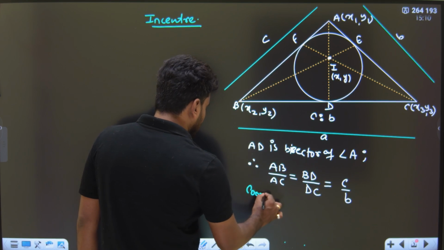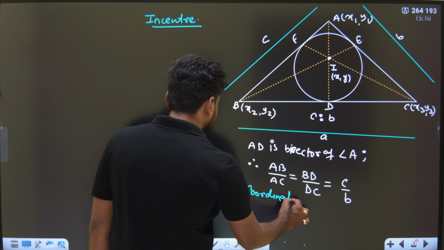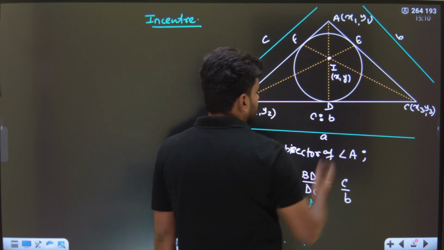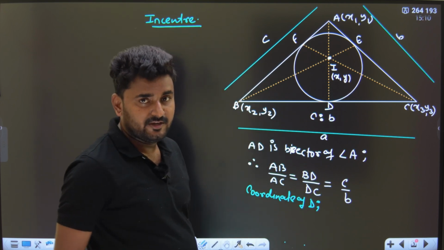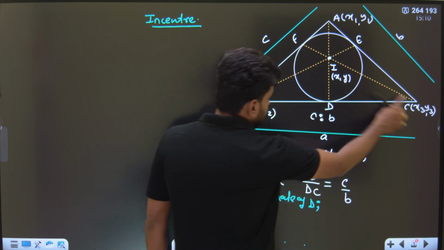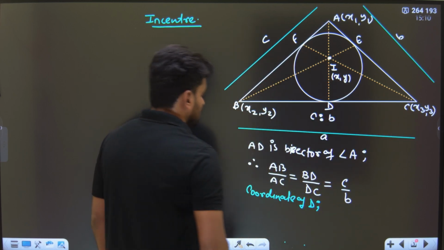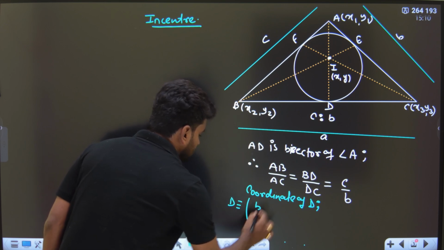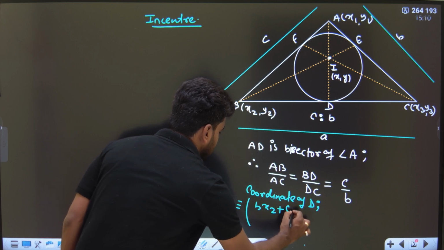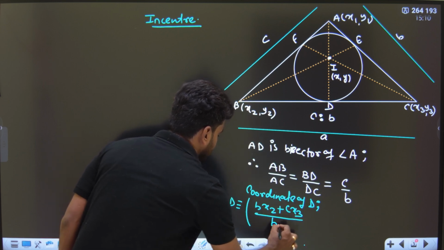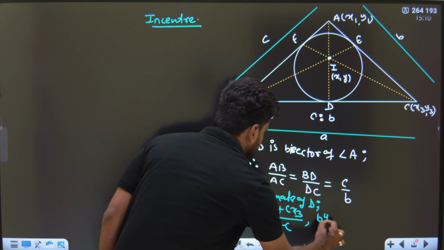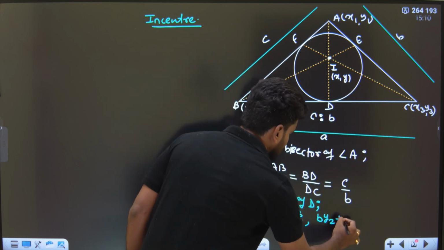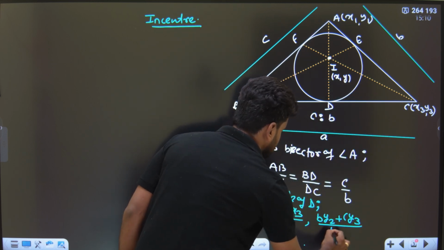For the coordinate of D, we will take the formula of internal division. The coordinate of D will be (b x2 plus c x3) upon (b plus c), and similarly (b y2 plus c y3) whole upon (b plus c).